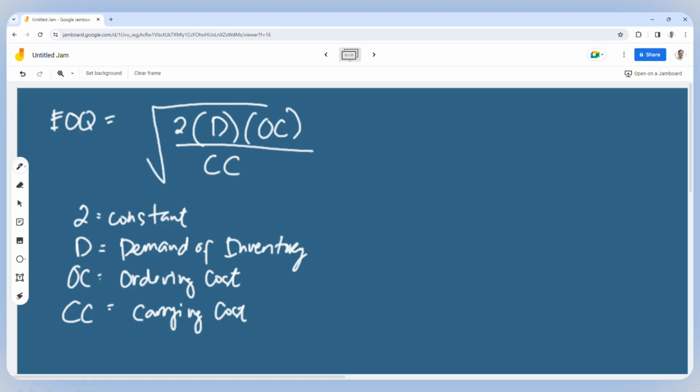Ibig sabihin class, in the EOQ, what you are computing here is the optimal level of your inventory at the minimum cost. Yan. Okay. Class, sige, ito pa yung isa sa mga tanong sa board, no? Sa exam nyo pala. If your inventory ay mataas or mababa, anong mangyayari sa ating ordering cost? And also sa ating carrying cost.